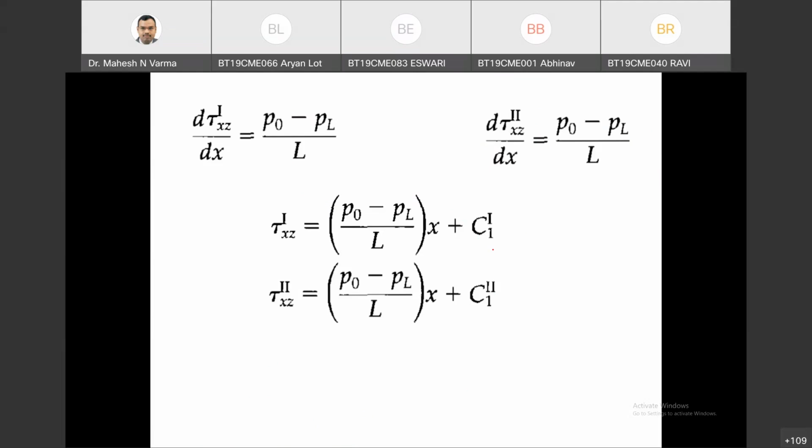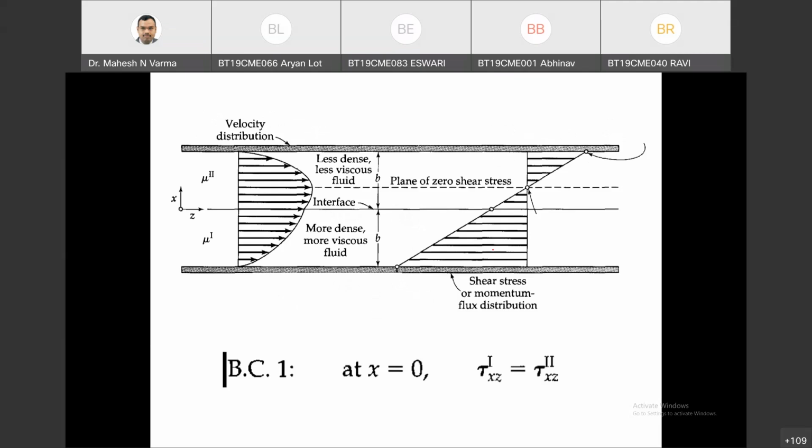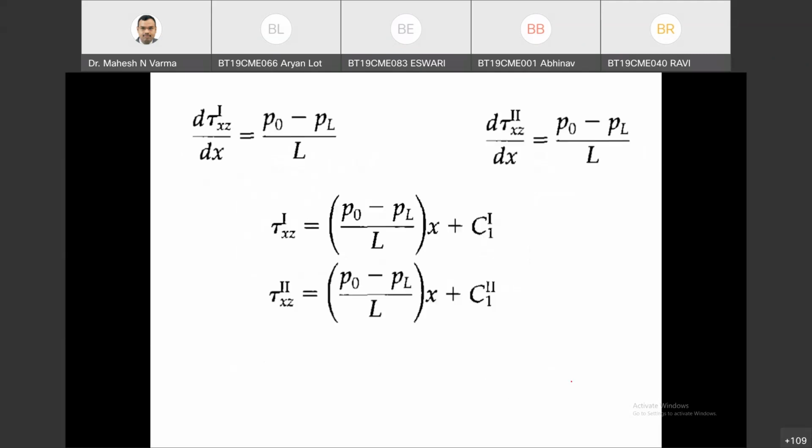So integrating this equation and using the boundary condition at x equals to 0, at this interface there will be a continuity of the fluxes. This is the modified no slip boundary condition. So substitute in this equation at x equals to 0.